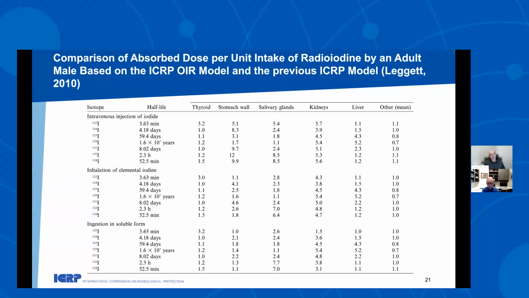For example, UNSCEAR. One of you actually asked in the online questions whether it was applied to the Fukushima accident. For the Fukushima accident, we applied something new as a dose coefficient.